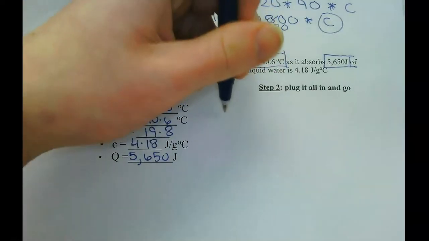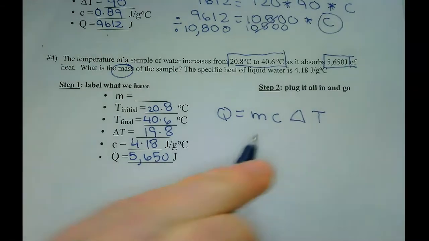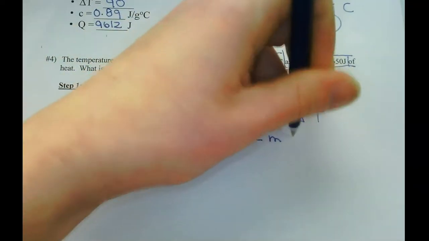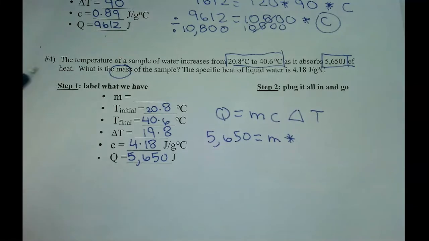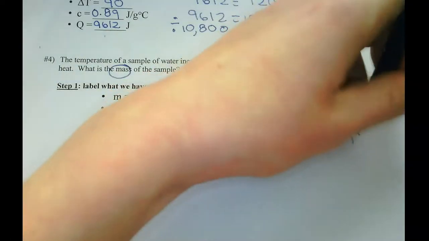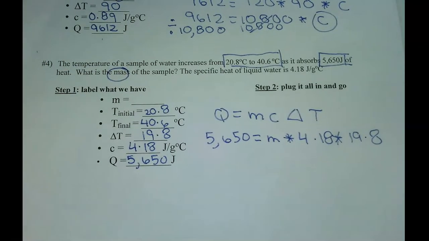So once again, our equation is Q is equal to mc delta T. I don't have M, but I do have the rest, so I'm going to start filling that in. Here is my C, that is 4.18, and my delta T is 19.8. So once again, I have to get M by itself.